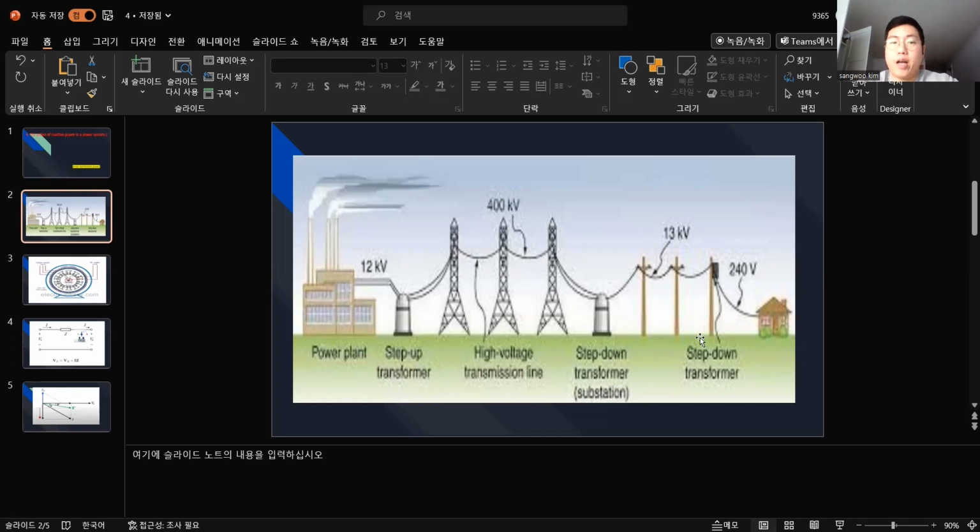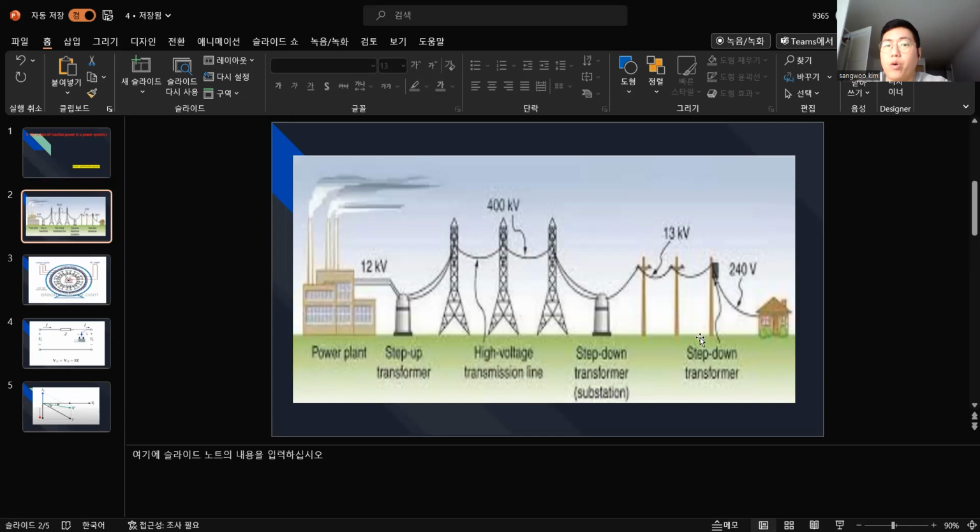So first of all, we already know that the generator generates power, electricity, and moves the power to our house. But a transformer is needed because of power loss on the way.